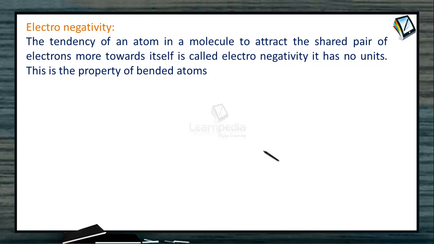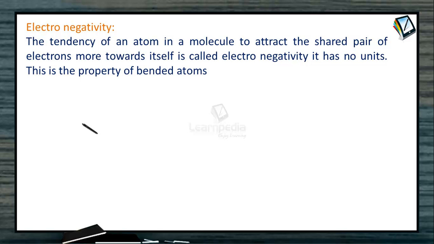This is the tendency of an atom in a molecule to attract the shared pair of electrons more towards itself. It is called electronegativity. It has no units. That means if any atoms are participating in bonding, they share some electrons.